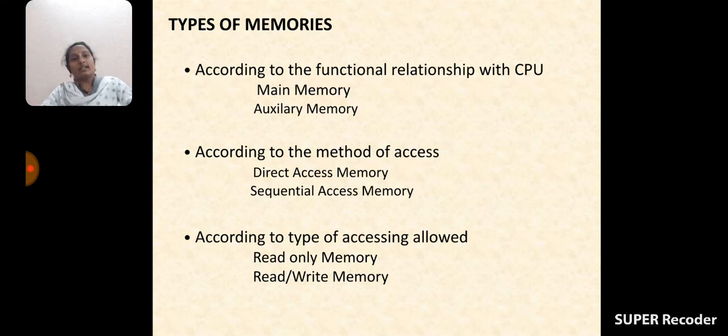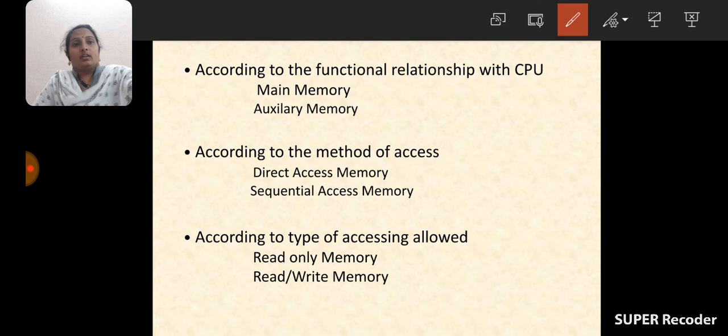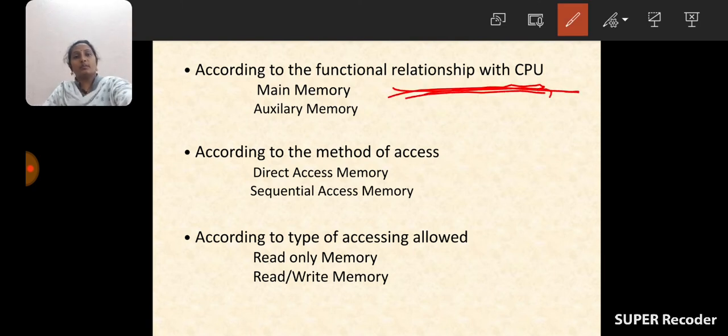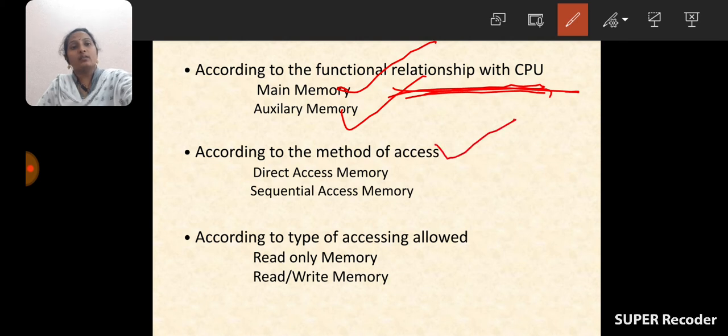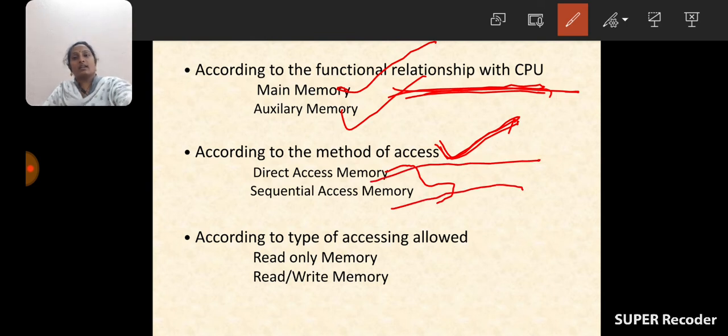Main memory as well as auxiliary memory. First one is main memory, second one is auxiliary memory. And next second one, according to the method of access, memories are classified into two types: direct access memory, sequential access memory. Okay, first one is according to CPU, main memory, auxiliary. Next, according to method of accessing, either directly accessed or in sequence manner, direct and sequence.